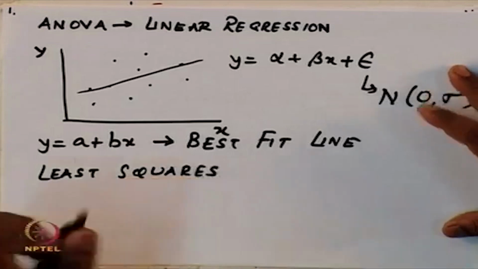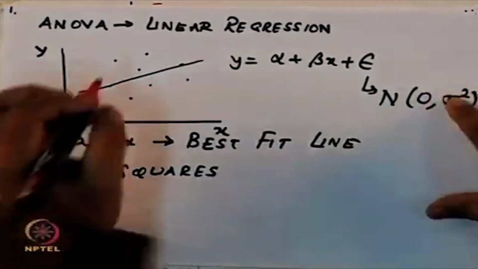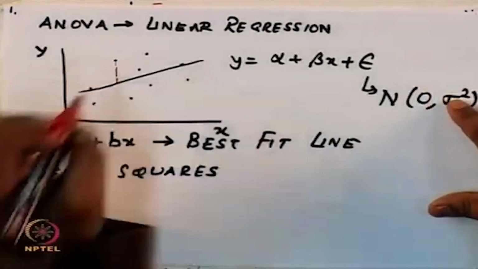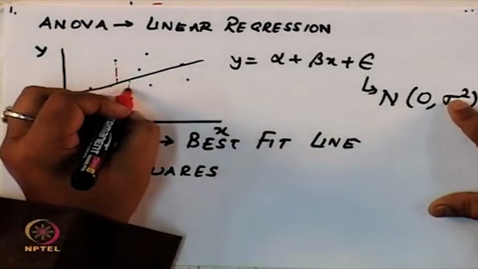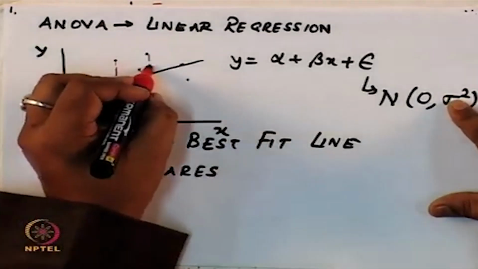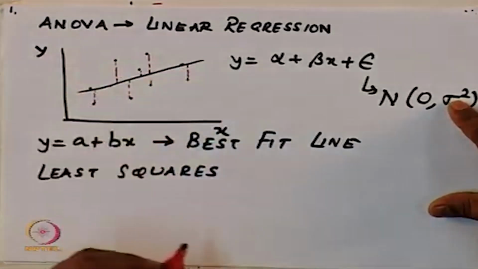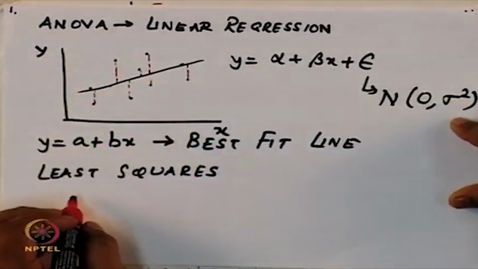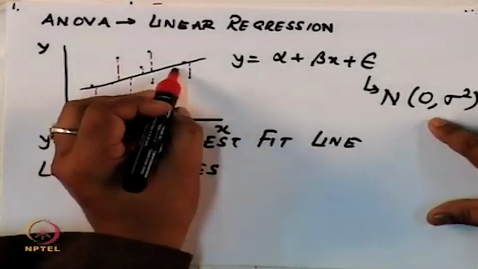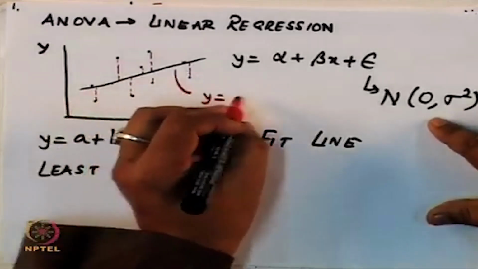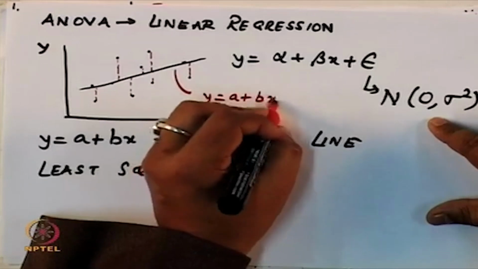In this approach, for each of these points, you try to track the deviation of these errors. Let us say the equation is y is equal to a plus b x.